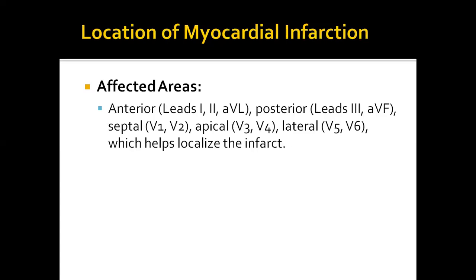Identifying the location of a myocardial infarction is one of ECG's key strengths. For example, anterior infarctions appear in leads V1 to V4, while posterior infarctions are reflected in reciprocal changes in V1 to V3.